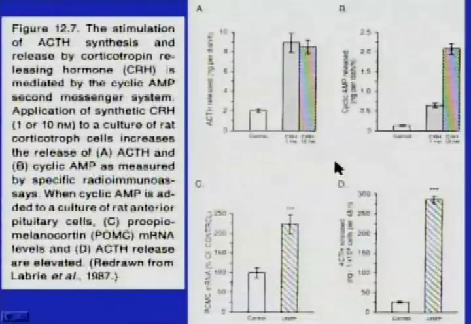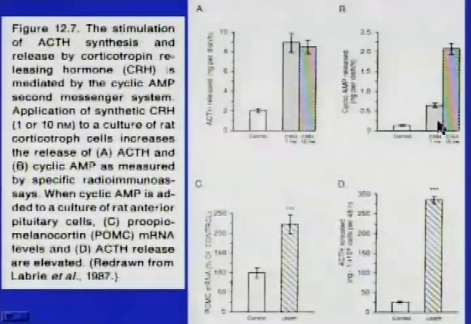Recognize what's happening here. Here we're showing CRH causes ACTH release. Here we're showing CRH causes an increase in cyclic AMP. But when we compare these two, there's nothing common between them other than the CRH to say that ACTH release is dependent upon cyclic AMP.